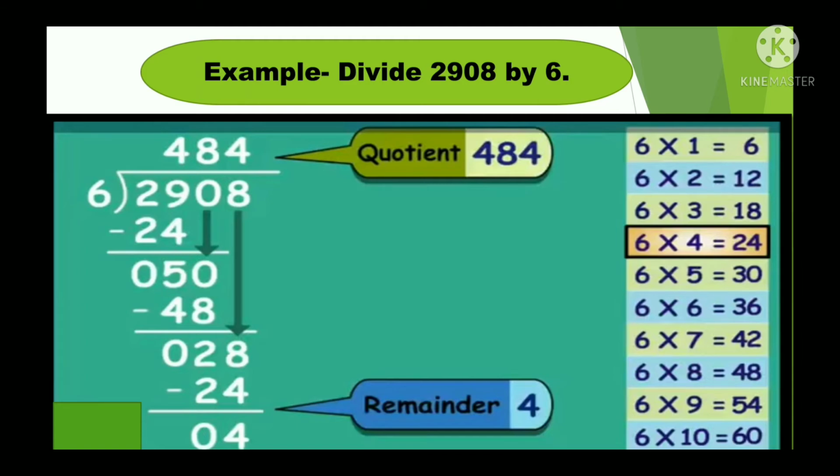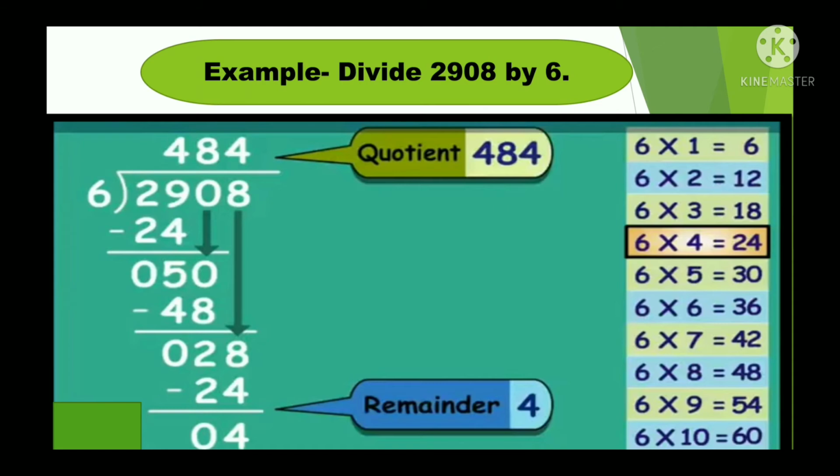Again we have to follow the same steps. So we can see in 6 table 6 8s are 48, which is closest to 50. So we will take that number and write it down. Then we will do the subtraction and we get 2. Again we will write down the next number below.